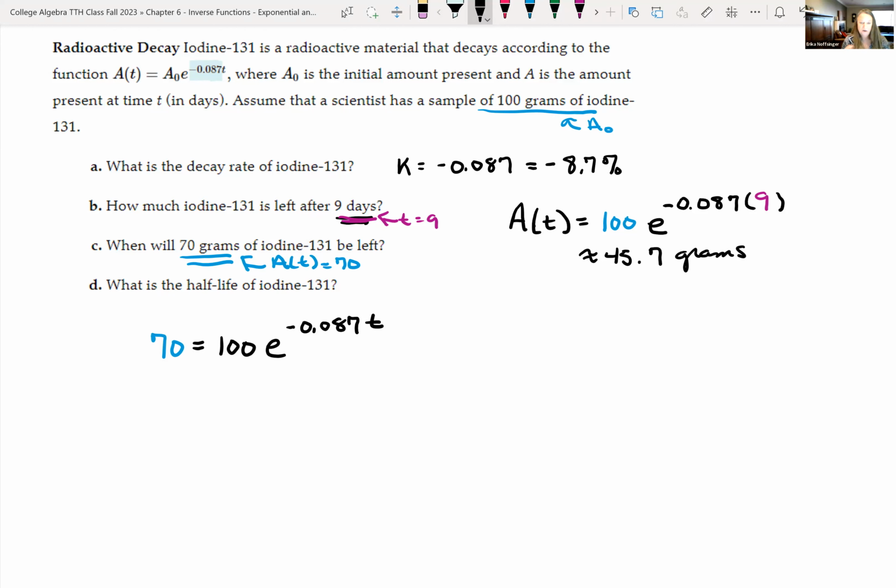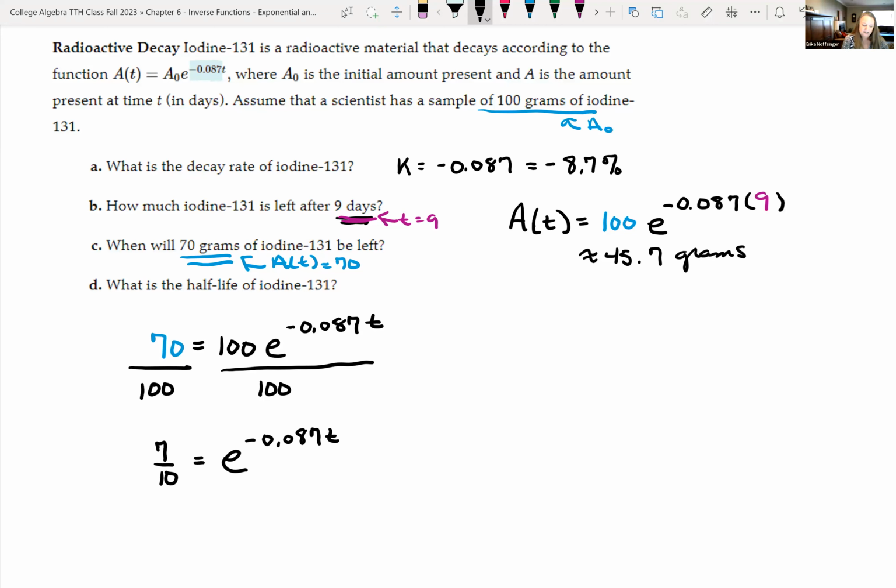So we want to isolate the e. We want to get rid of the 100 that's in front of the e, that coefficient. So divide 70 by 100, we get 7/10 is equal to e raised to the negative 0.087t.